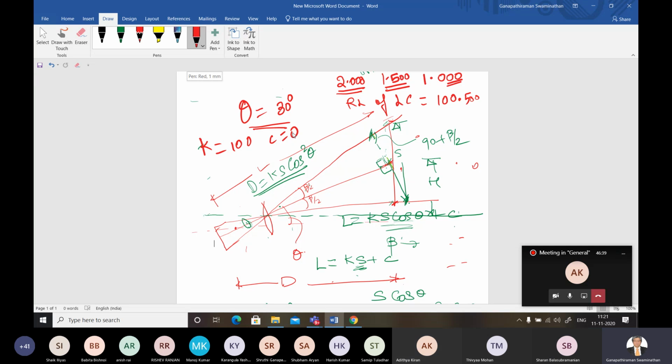Cos square 30, 75 meters, sir. D is equal to 75 meters.